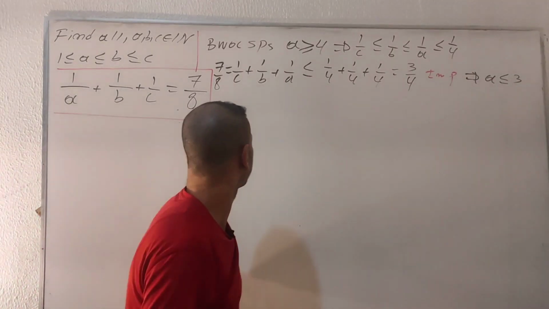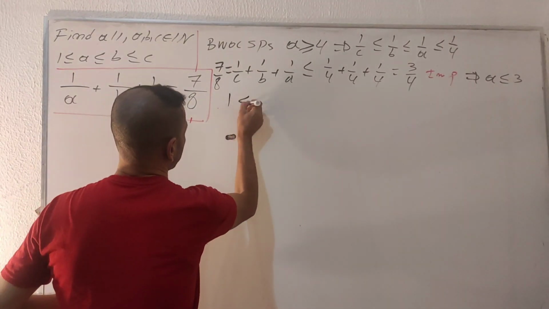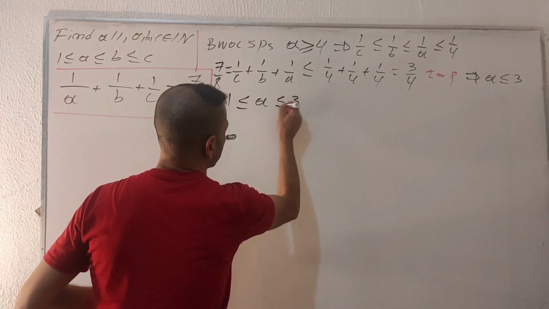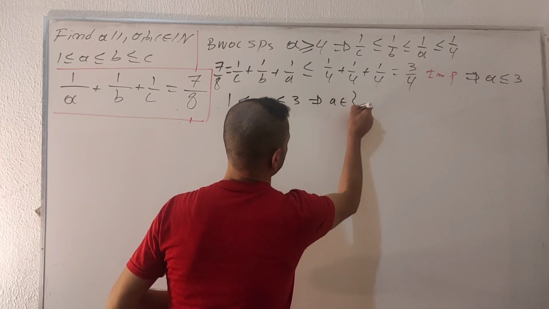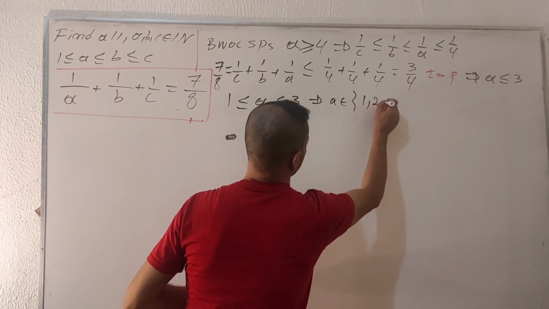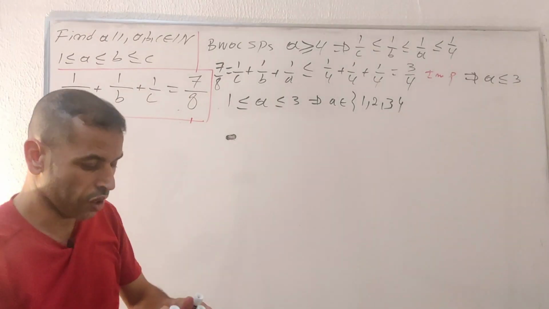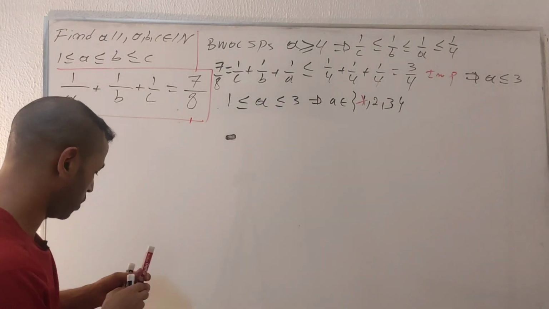On the other side, based on this condition, we know 1 is inferior or equal to A, and also A is inferior or equal to 3, which means A is going to take the set 1, 2, and 3. Let's prove that number 1 will be ruled out of this possibility. Why?